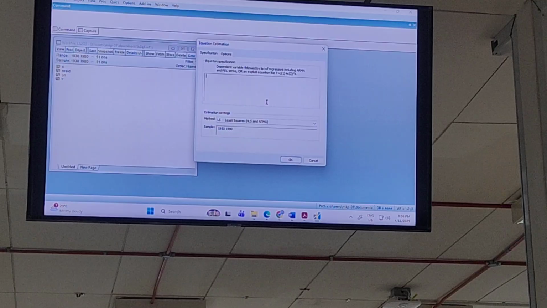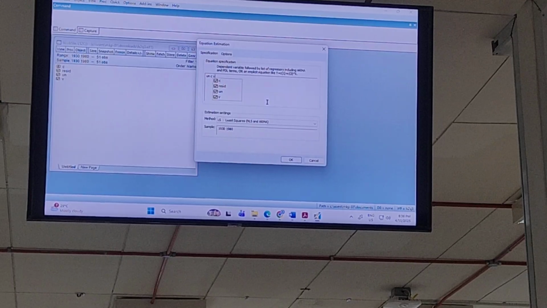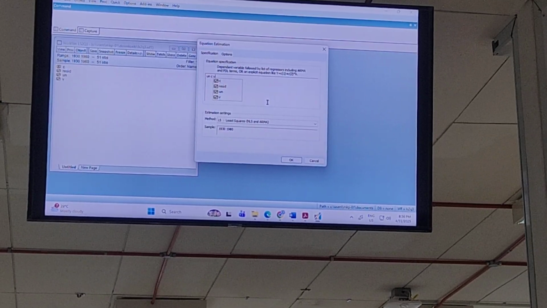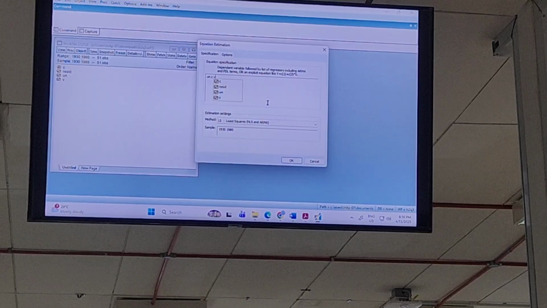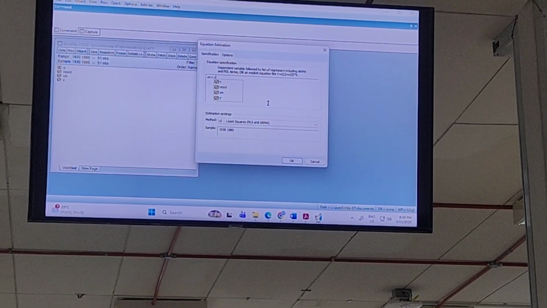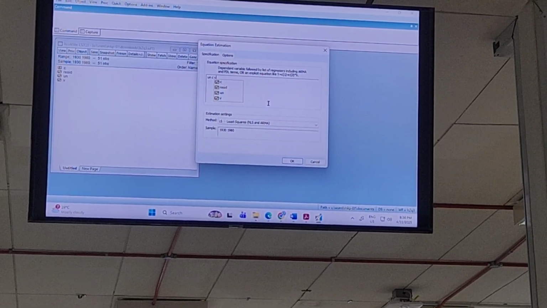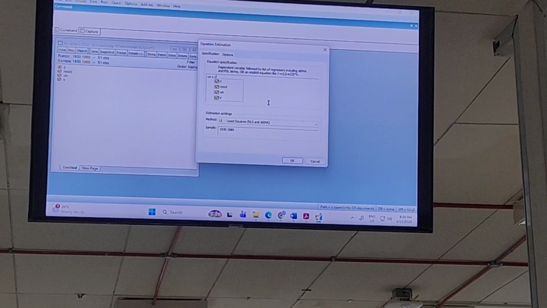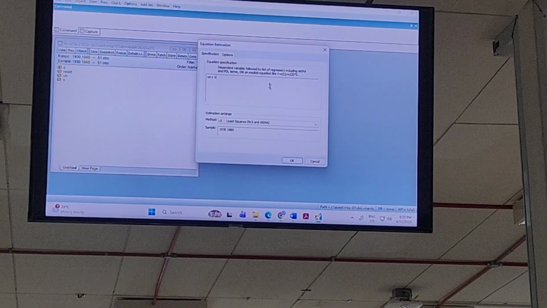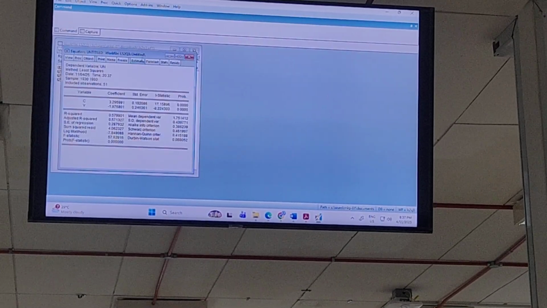You have UN space C space V. So you have this estimate.